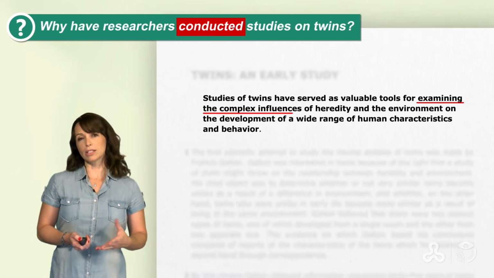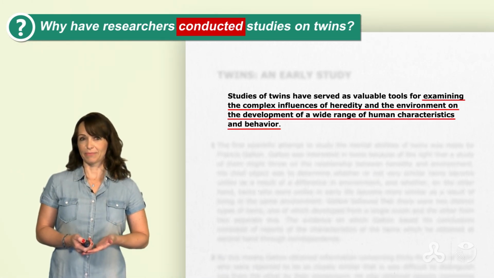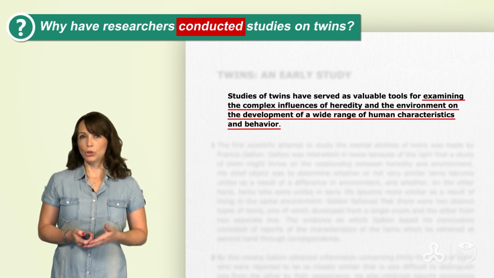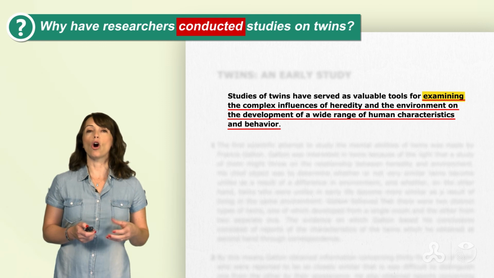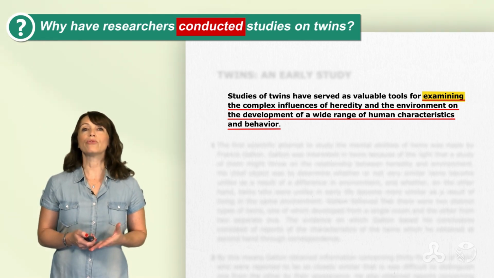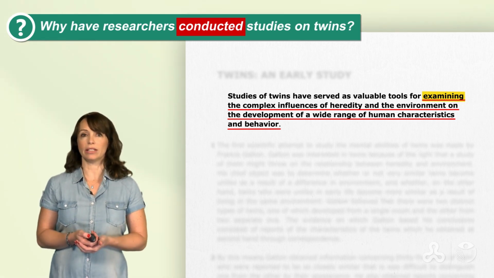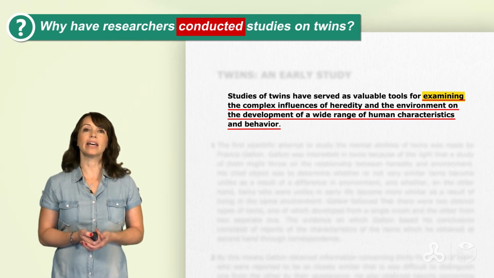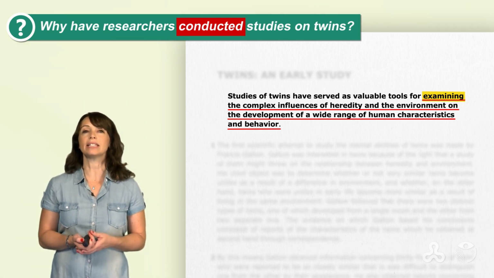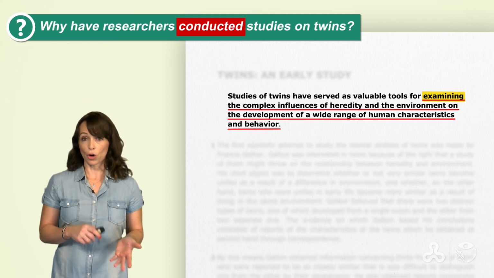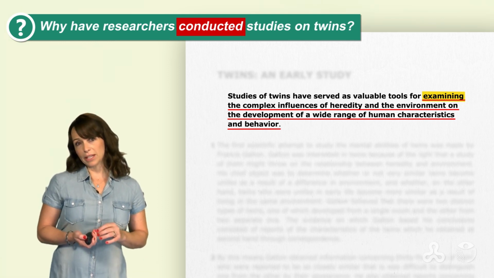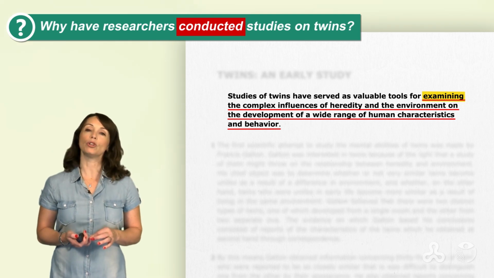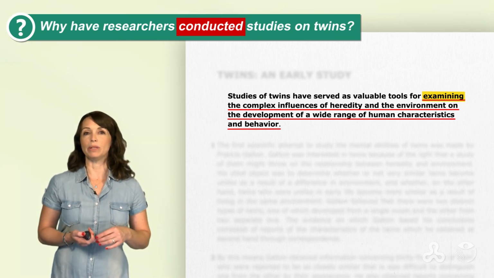Okay, so now let's look at the answer. Okay, so notice the verb examining, yes? To research or to examine. So why have researchers conducted studies on twins? Okay, because they want to examine the complex influences of heredity and the environment on the development of a wide range of human characteristics and behavior.